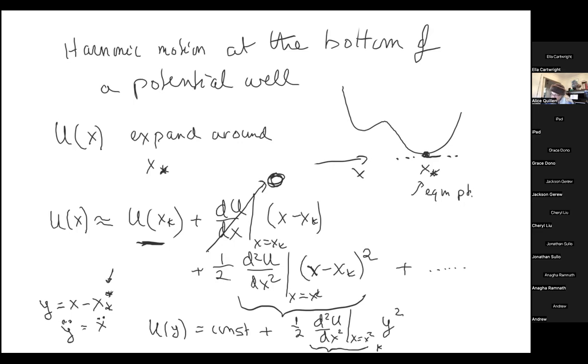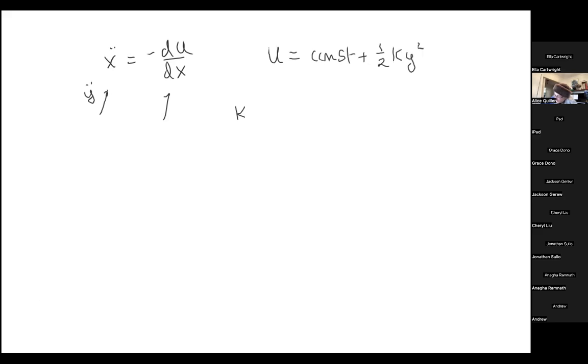Okay, so let's write this out. We had x double dot equal to minus du dx. That was our previous equation of motion. This is going to become y double dot, and u near the equilibrium point looks like a constant plus 1/2 k y squared, where k is d squared u dx squared evaluated here.